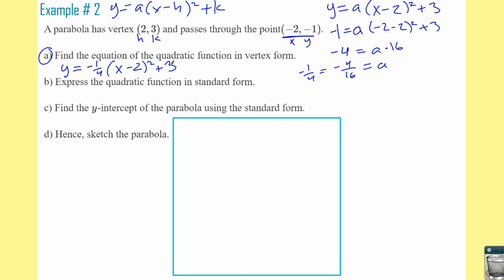Now express it in standard form. What I would do is just FOIL everything out. I don't like that it has a fraction, so I'm going to multiply each side by 4. So I'll get 4y equals -1 times (x minus 2) squared plus 12. Then I'm going to FOIL that.